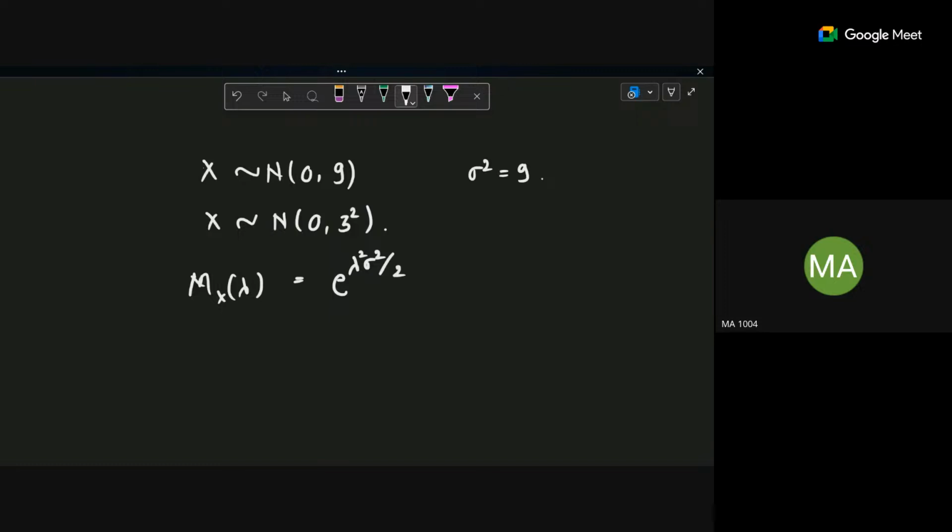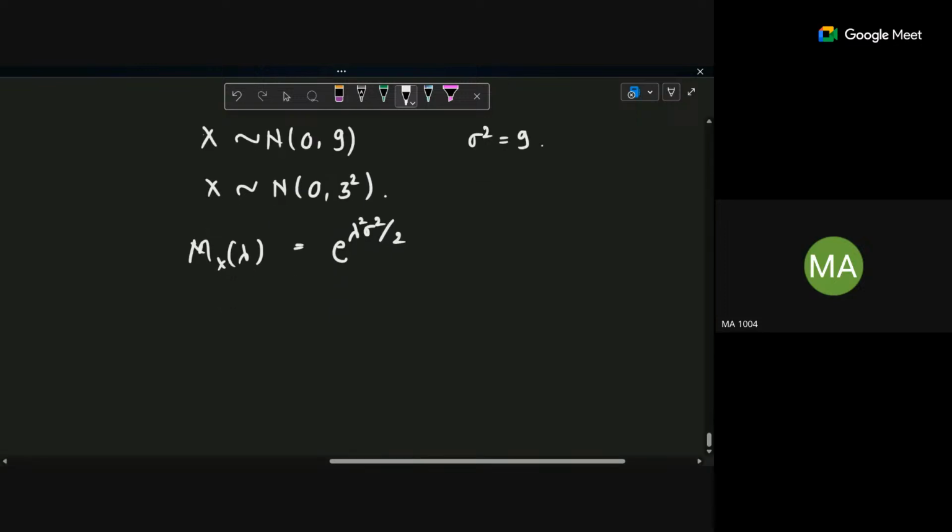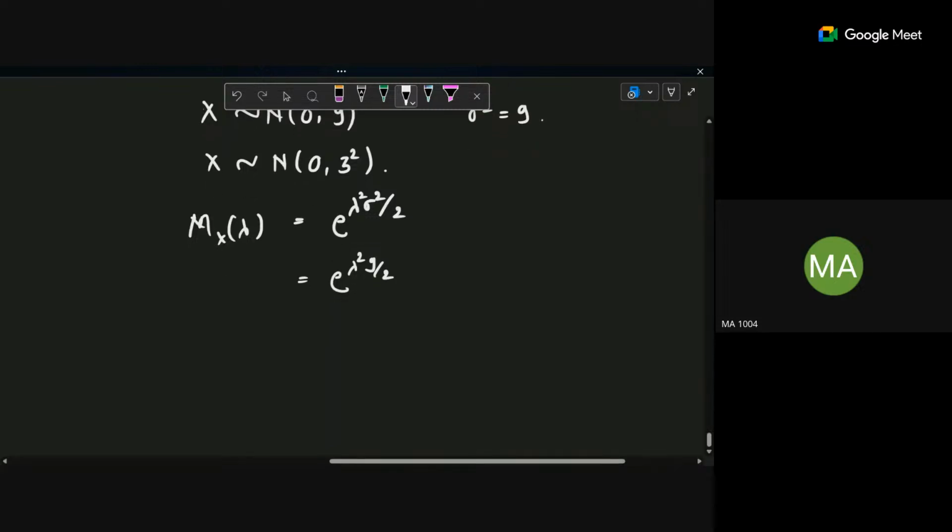So that's it. This is our moment generating function, in short MGF. You can just write it as exponential of lambda square 9 by 2. So how do we get the fourth moment there? Just expand this series.